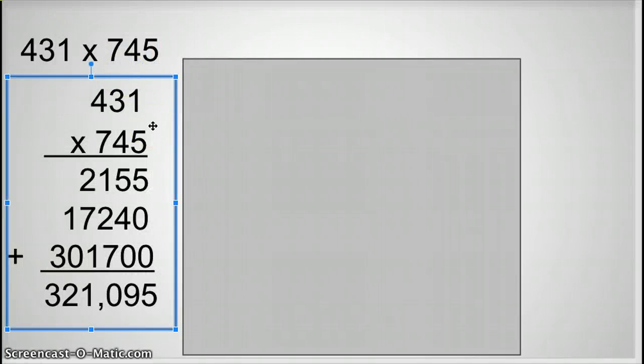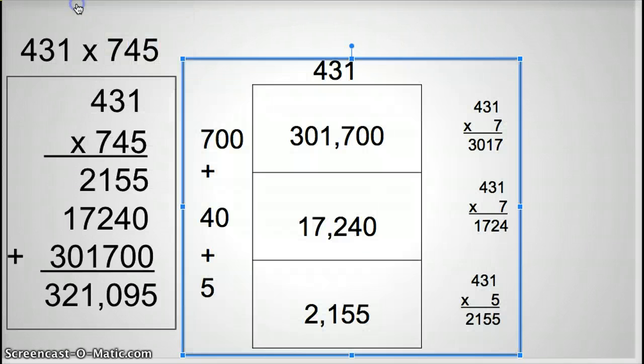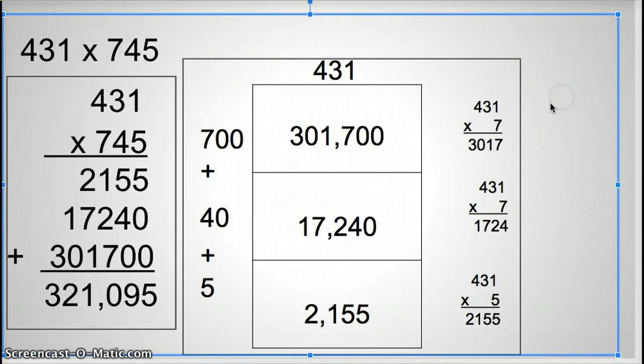So this is the standard algorithm. This is the area model. And since I had different numbers at the start of each one, I had to have 3 different multiplication problems. And also over this side, I would have these 3 numbers added up on the side over here. 321,095.